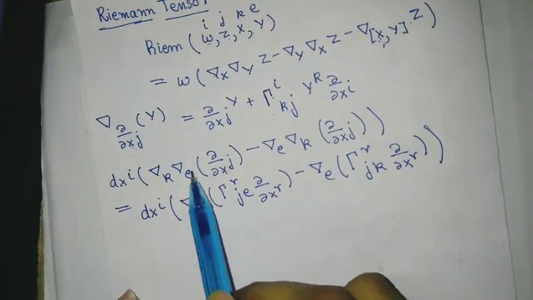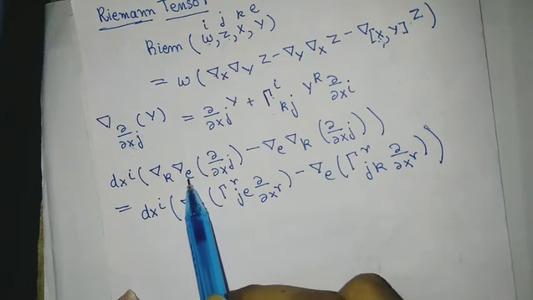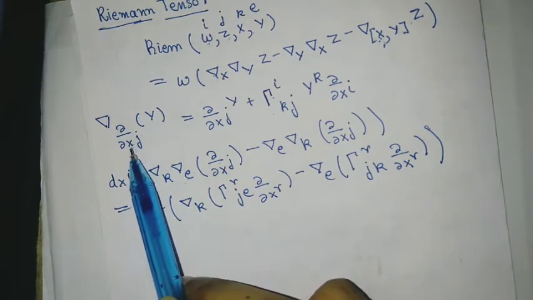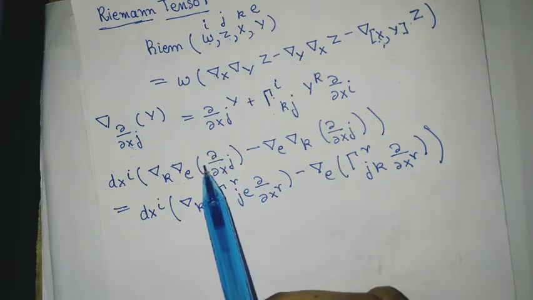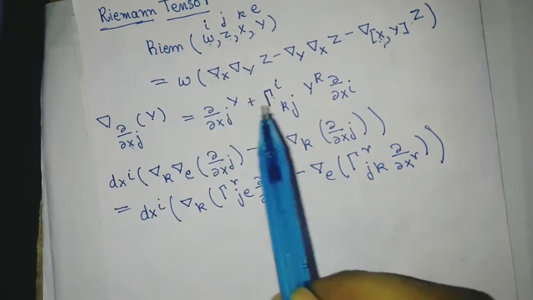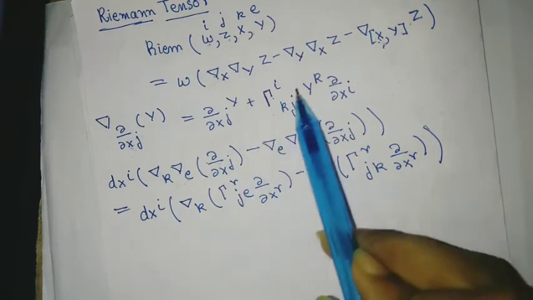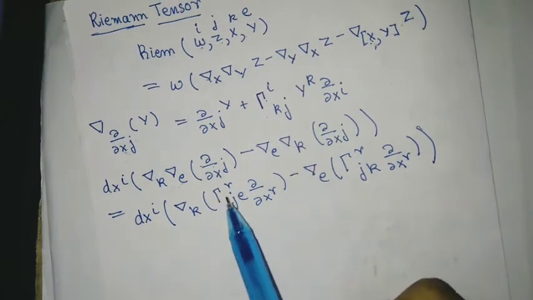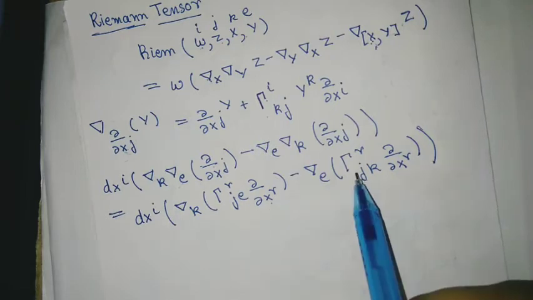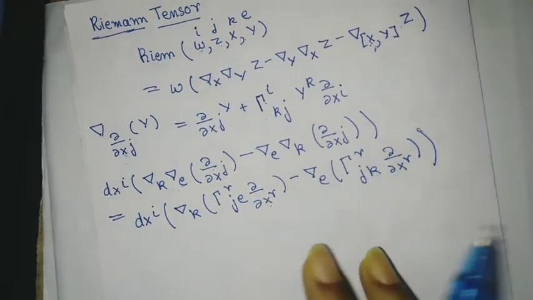So I just acted with this. This l means del x^l. As this has only one coefficient, this goes to 0, and here this summation, as there is only one component, reduces to this j, and similarly you can follow this one.